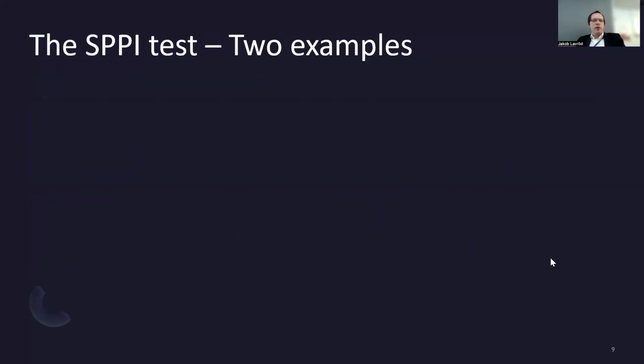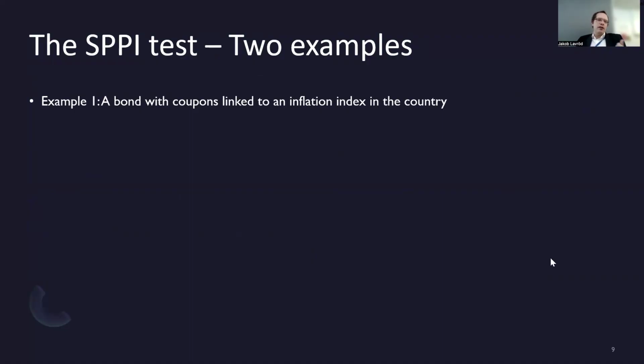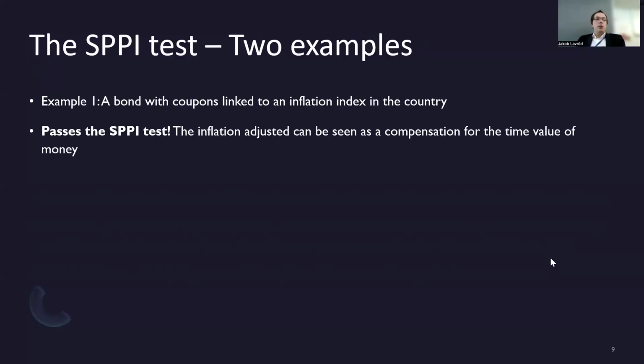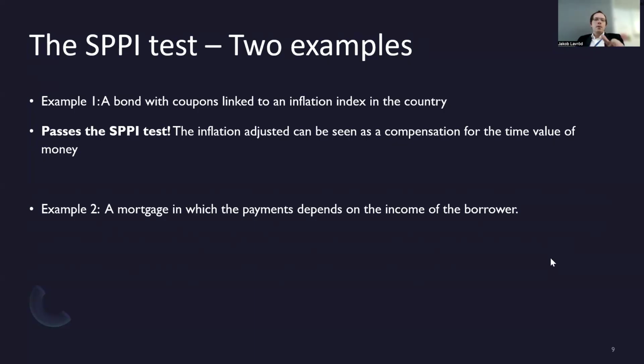I have two examples of the SPPI test that I can mention shortly. One is if you have a bond and the coupons are linked with the inflation rate. The typical argument is that you pass the SPPI test because inflation adjustment can be seen as compensation for the time value. Another example, which you sometimes see, is what if you have, for example, a mortgage in which the payment depends on the income of the borrower?